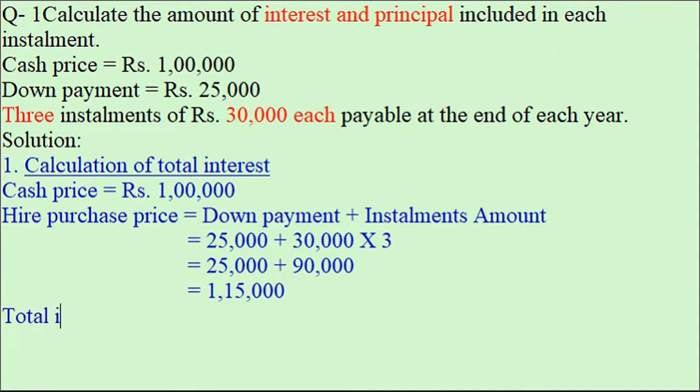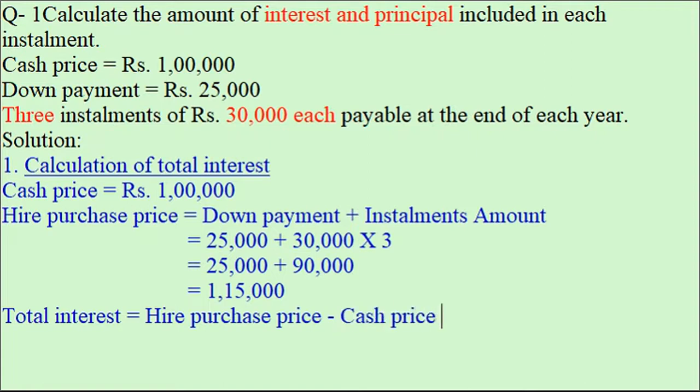So total interest equals hire purchase price minus cash price. The hire purchase price is 1,15,000 and cash price is rupees 1 lakh. So 15,000 is the extra amount you're paying, that is your interest amount.